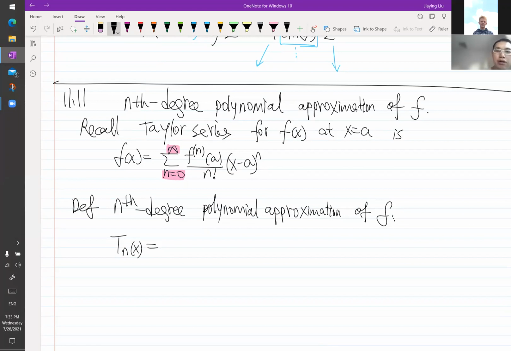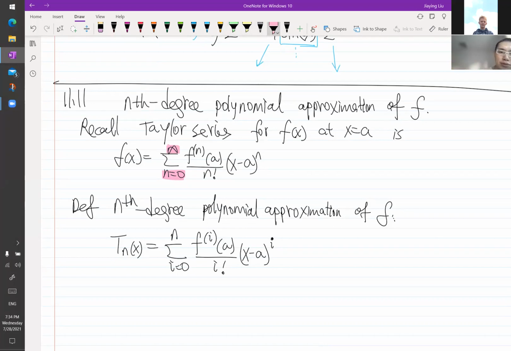So the nth degree polynomial T sub n of x is equal to sigma i from 0 to n of f to the i-th derivative of a divided by i factorial times x minus a to the i-th power. All the n's are being replaced with i because they're really the same.